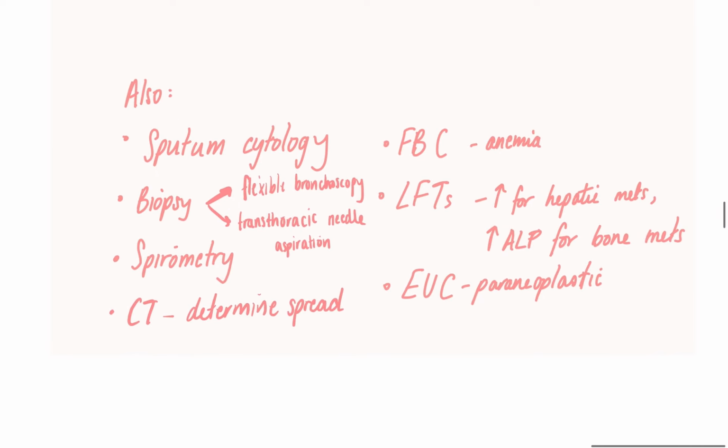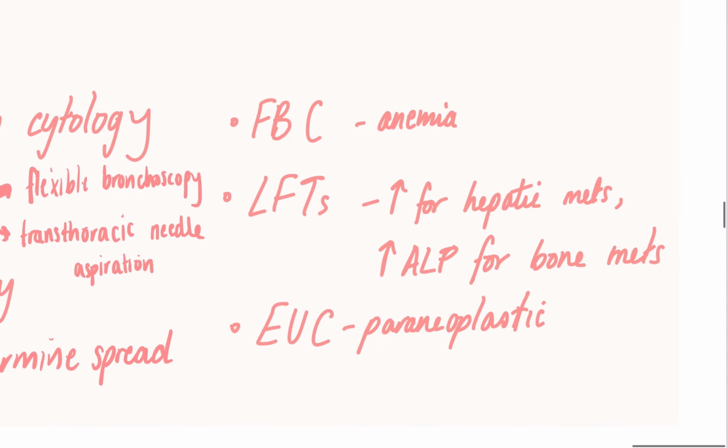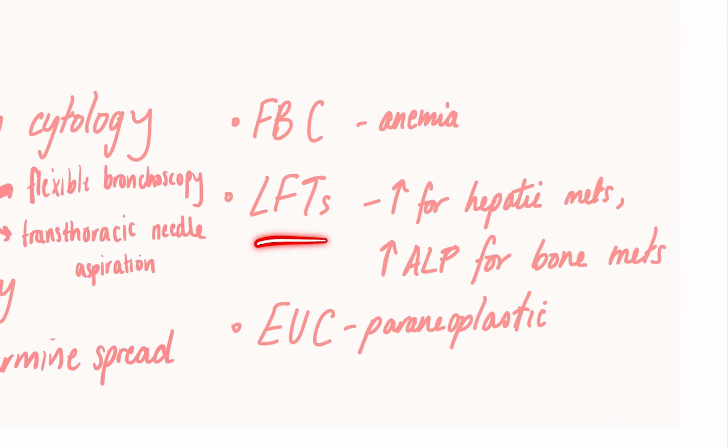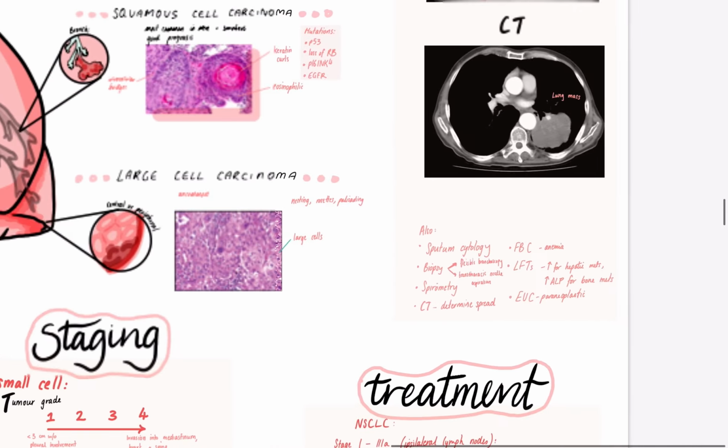You can also do a spirometry to assess their lung function, although it's not diagnostic. You can do a CT to determine spread, an FBC to look for anemia, LFTs to look for metastases to the liver and bone, and an electrolyte level to look for paraneoplastic syndrome.